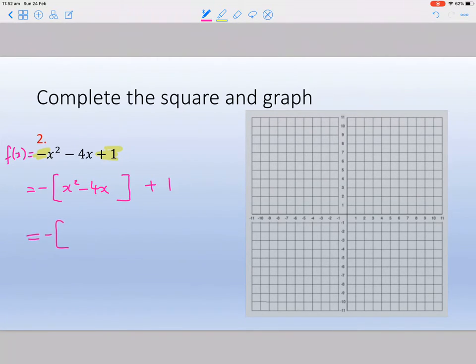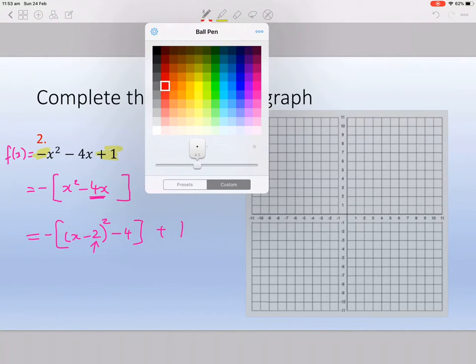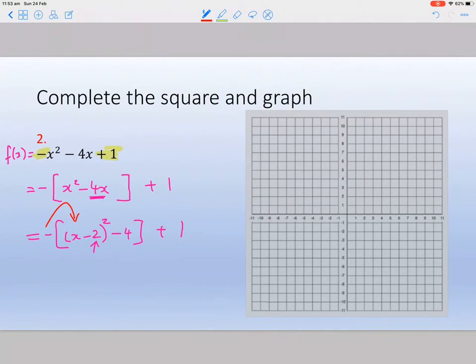Okay, now I'm going to complete the square inside these square brackets. So minus, I'm going to go straight to the square, x minus 2, because it's half of that term squared. And then I'm going to go minus that term squared, which is 4. And then I'm going to go +1. Now the reason I've written it like this is that you actually have to ski jump now. So I'm going to use the red pen, minus times that, minus times this term.